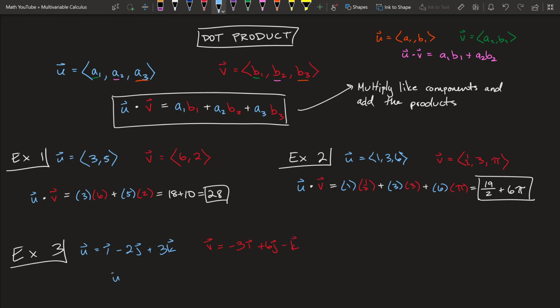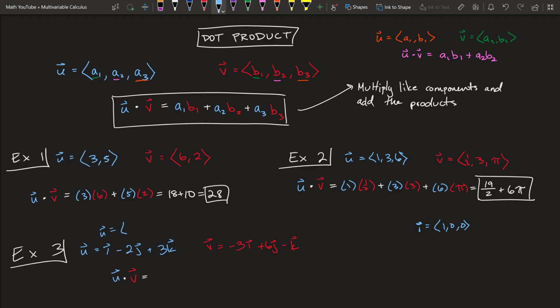Well, then U dotted with V is going to equal, well, what do these vectors really look like? We can see that they're in their I, J, and K components, but what do these vectors really look like? In our brains, we can remember that this vector looks like 1 times I hat. Remember, I hat just looks like the vector 1, 0, 0.